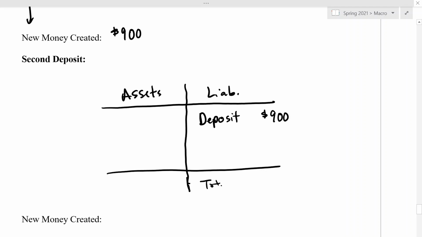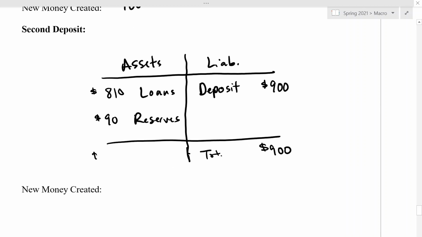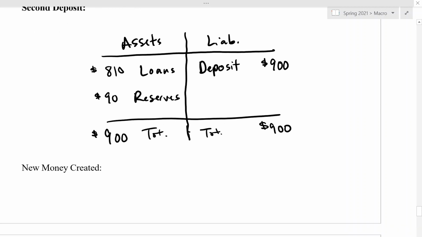So the total liabilities, 900. Loans and reserves, 10% of 900 is 90. That leaves 810 left to make loans for a total of 900. Total assets.